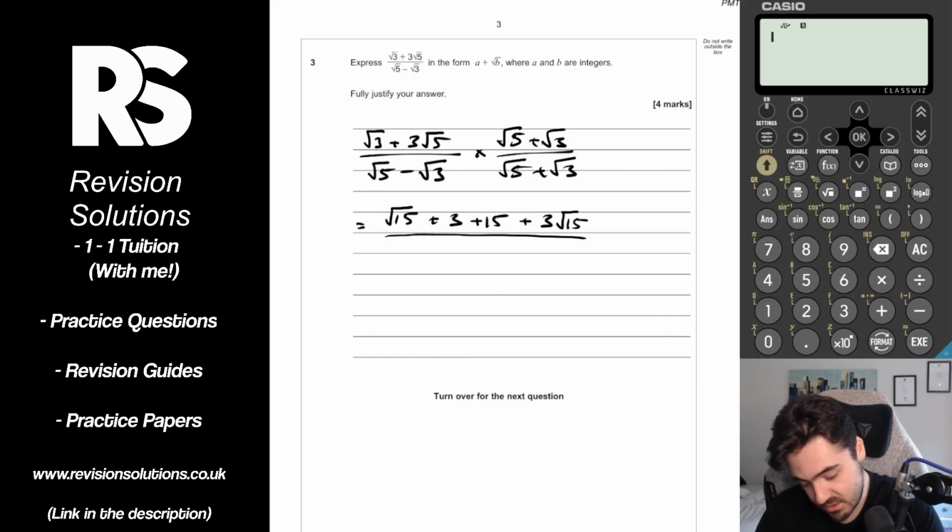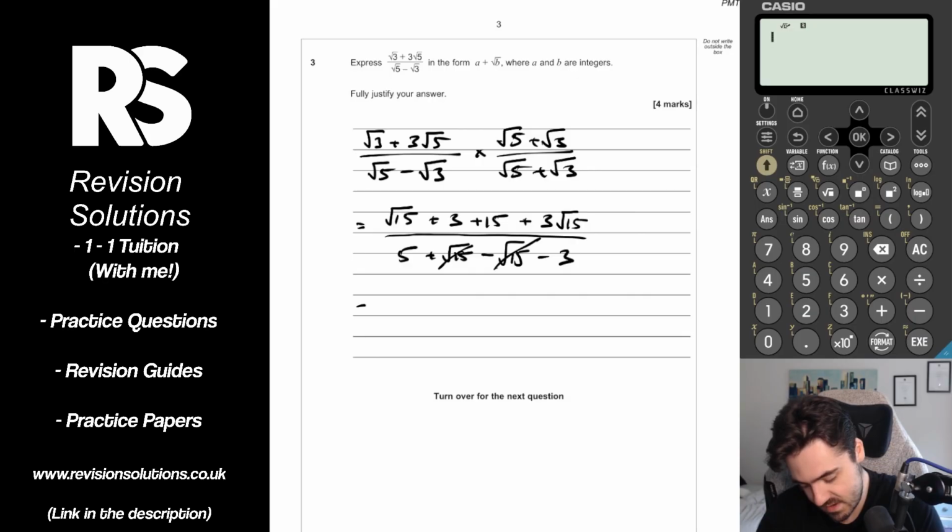In the denominator, we'll have root 5 times root 5, which will be 5. Root 5 times a positive root 3 would be plus root 15. A minus root 3 times a positive root 5 would be minus root 15. And a minus root 3 times a positive root 3 would be minus 3. We can see that's worked nicely and it's cancelled out these cross terms, so we just have a rational denominator.